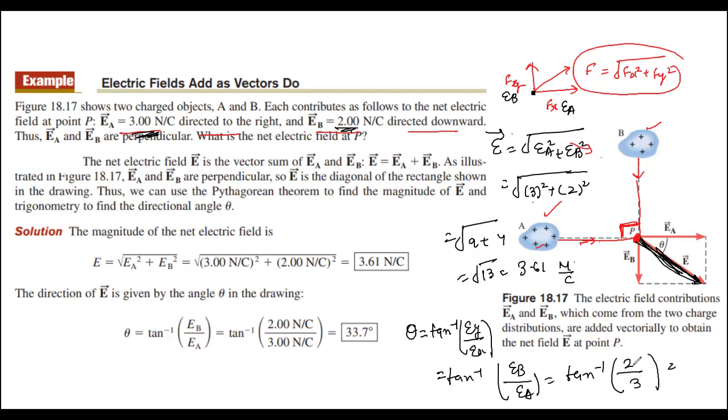So let me just do 2 upon 3, 0.666, and then the tan inverse of this number, the theta is coming out to be 33.7 degrees. So this is my answer. This is the net electric field at the point P, which is 3.61 newtons per coulomb, and the direction will be along 33.7 degrees.